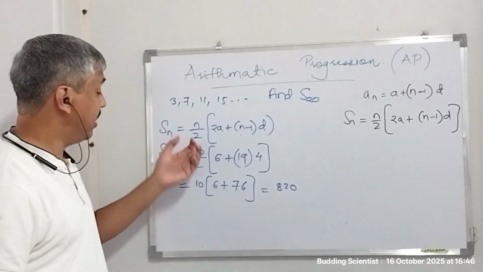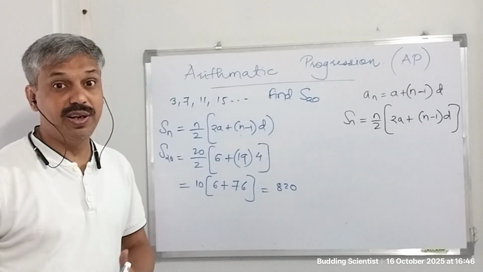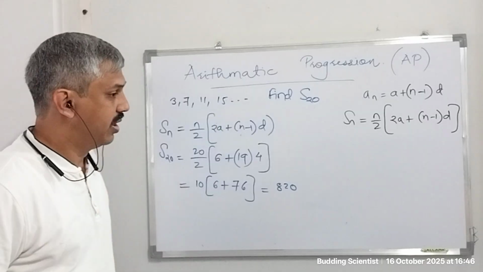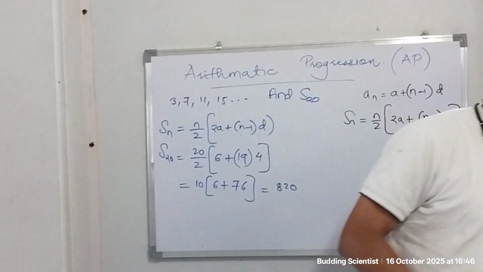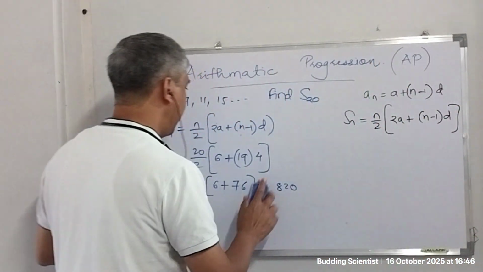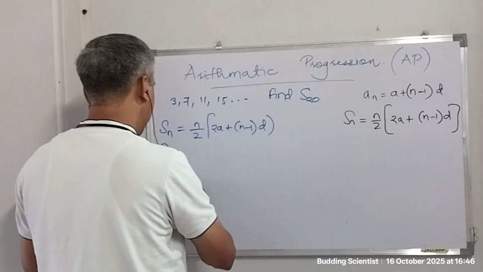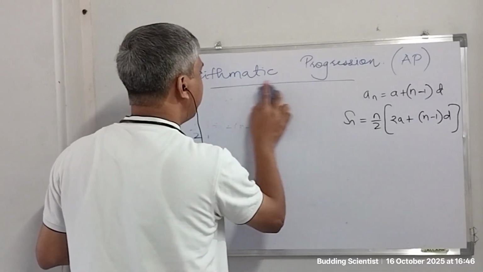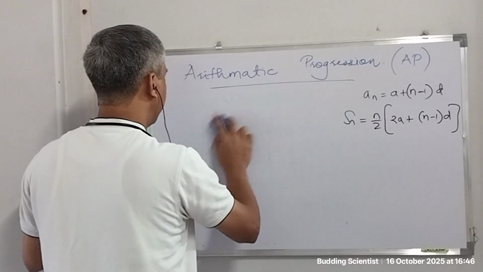But this is just far too easy, and we don't expect the problems to be so easy. So here is a slightly more difficult, realistic kind of problem which can be a potential problem for the examination.